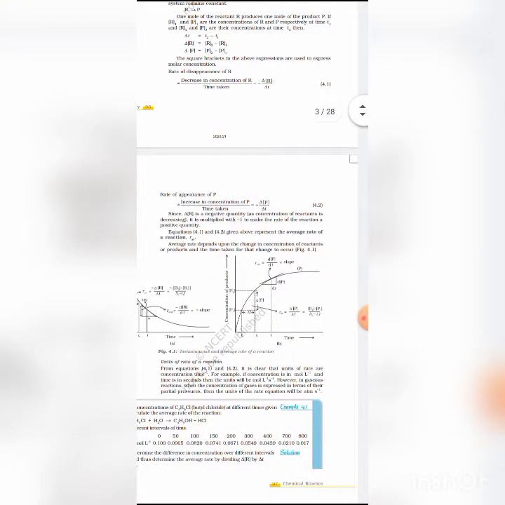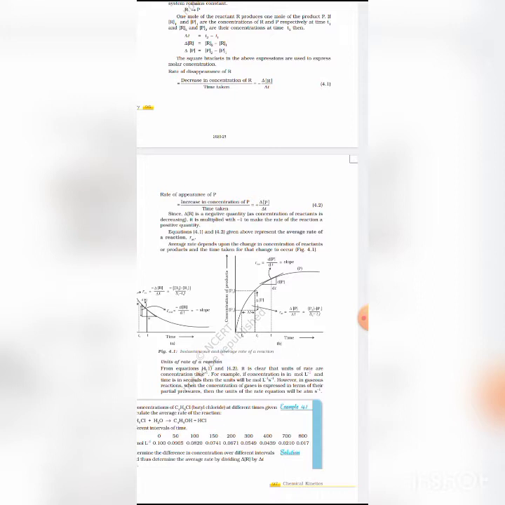Mathematically, instantaneous rate is equal to the average rate as delta t tends to zero.